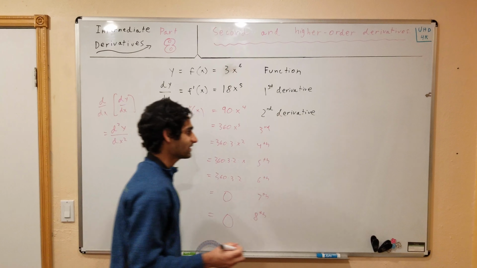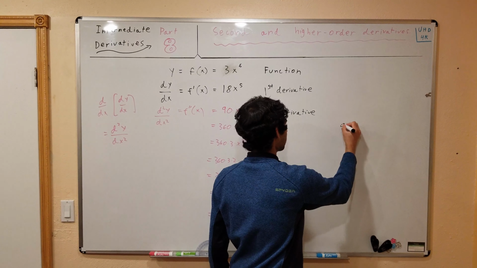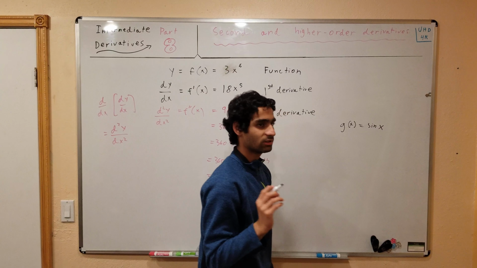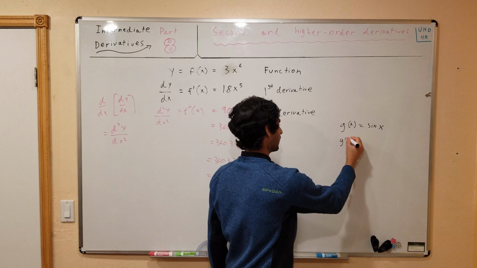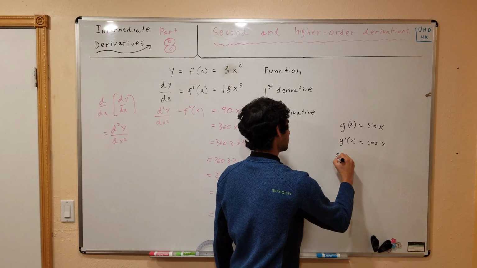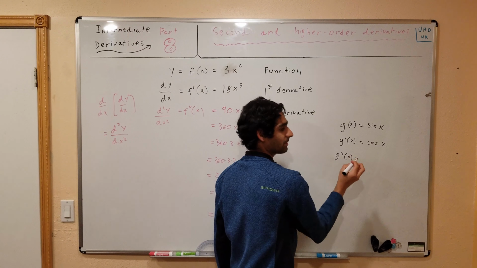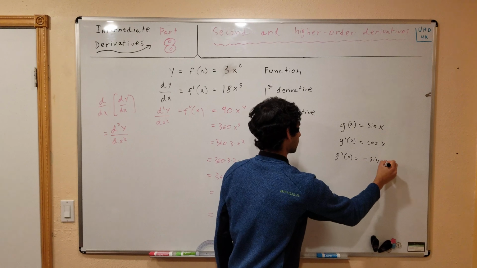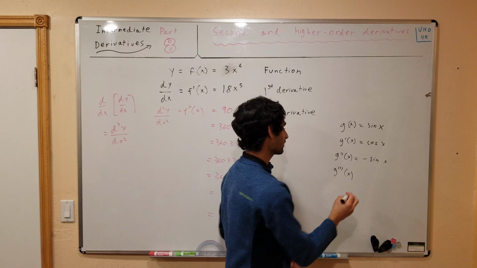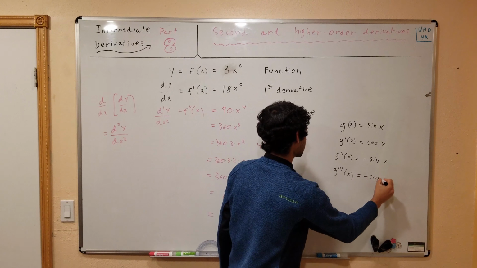However, let's take a look at the sine function. Let's say g of x equals the sine of x. What's the first derivative of this? G prime of x is going to be cosine of x. G double prime is going to be negative sine of x. G triple prime is the derivative of negative sine of x, and that's just negative cosine of x.